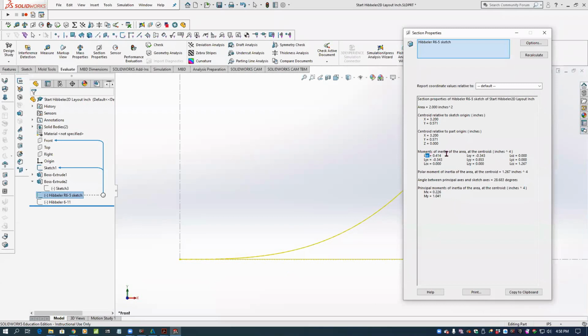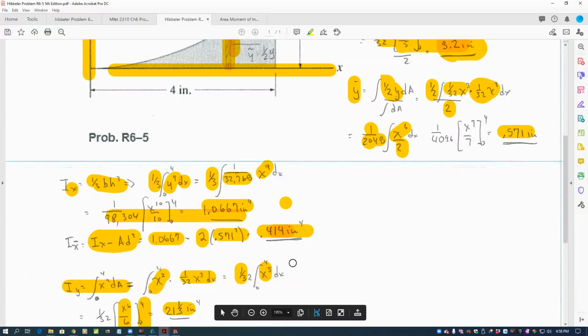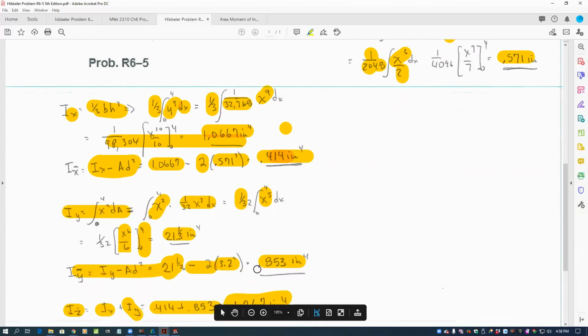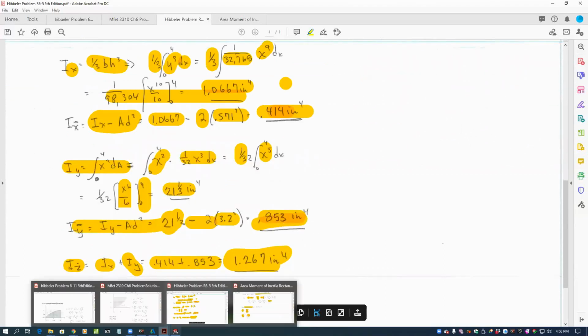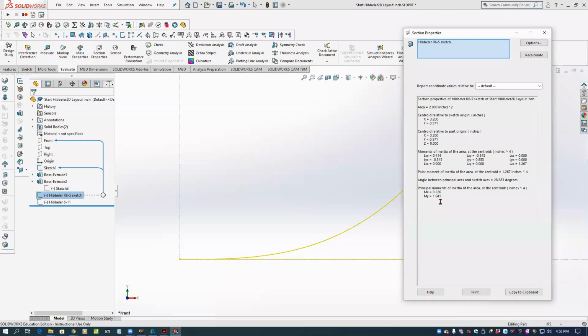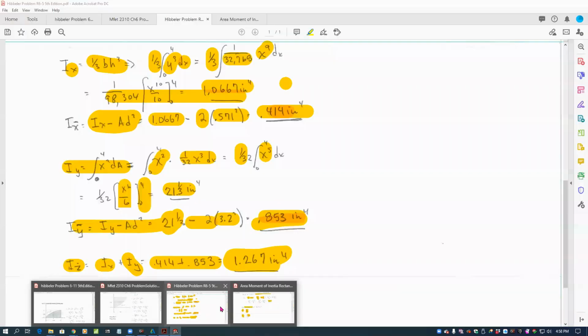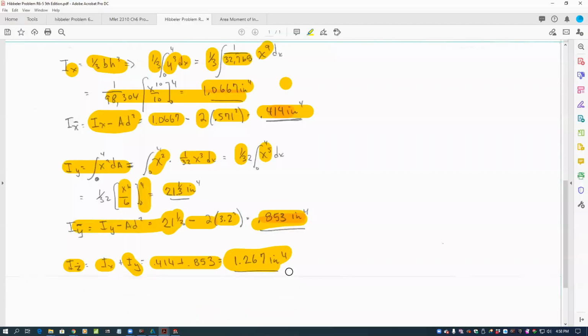So we got 0.414. And the y, we get 0.853. Manually, we got 0.853. And then about the z-axis, we get an addition of those, 1.267, and that's what we got here, 1.267.